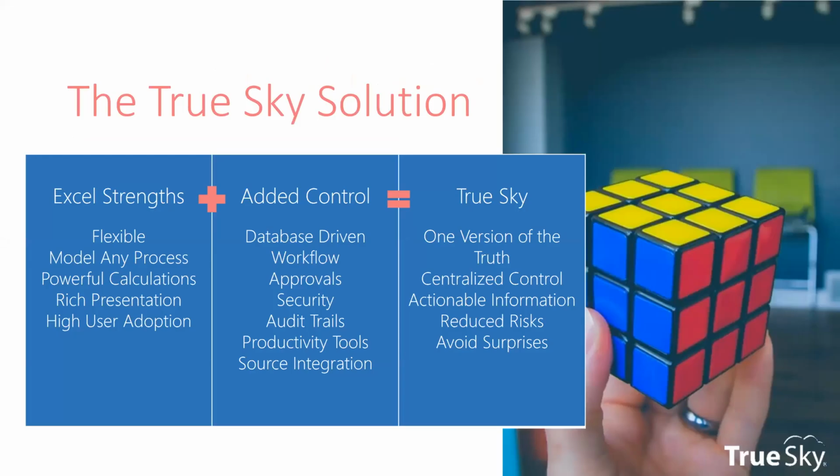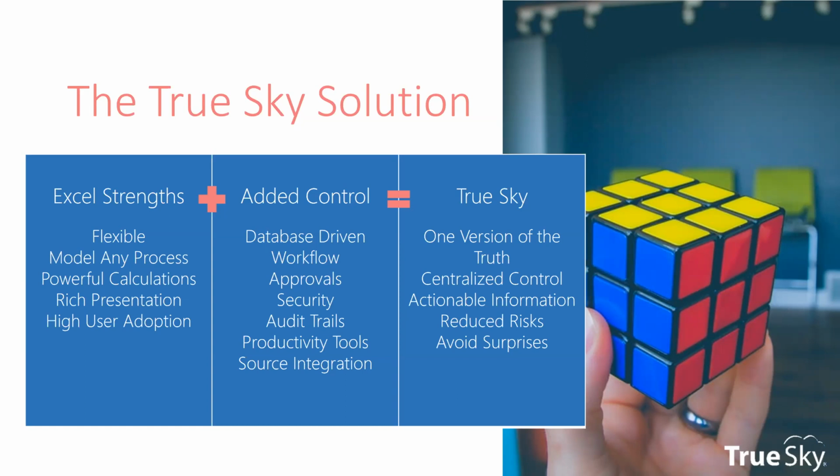So really what we've done is we took all of the strengths of Excel, the fact that Excel is very flexible, that you can pretty well model any kind of process. It's got a great calculation engine. We took advantage of the presentation layer and the fact that most people out there know how to use it, and added a whole bunch of controls. So the biggest thing is we made it database driven.